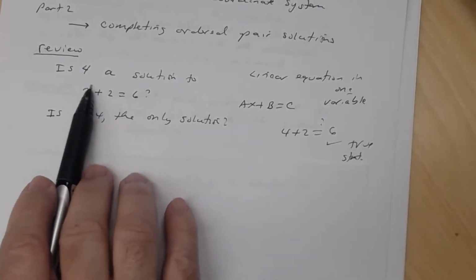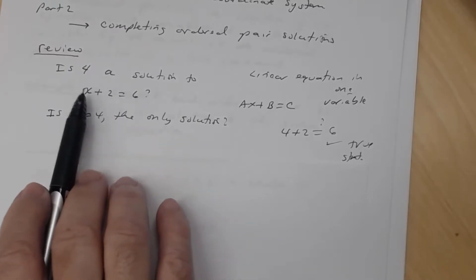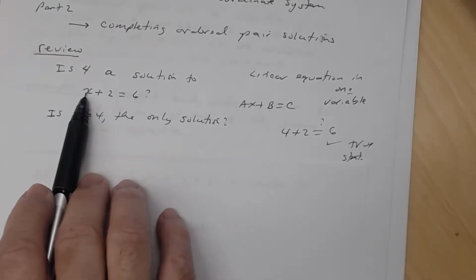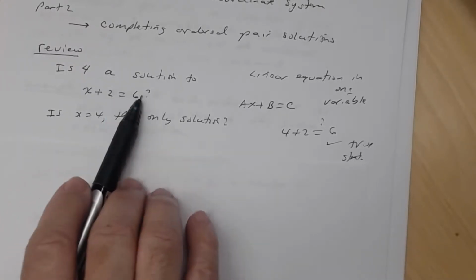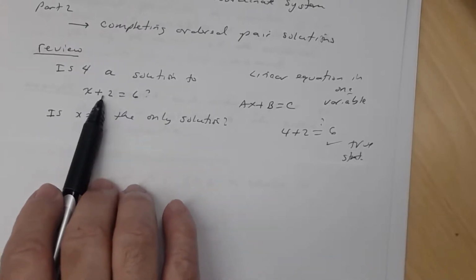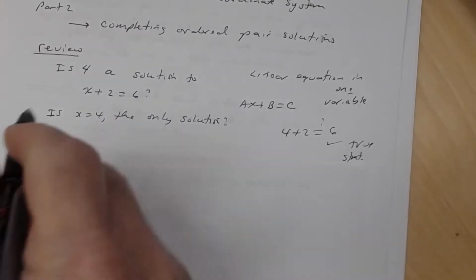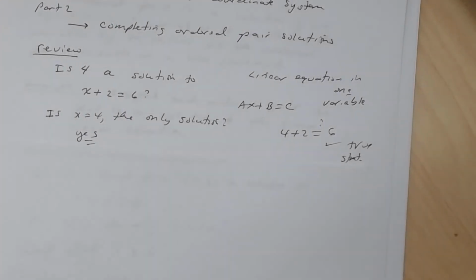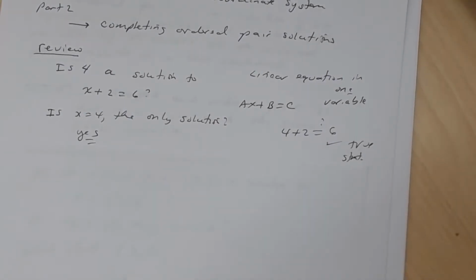The only real number that makes this side equal to 6 is when x is 4. If x equals 5, or negative 3.2, or 7, this side will never equal 6. The left side will not equal the right side. So x equals 4 is the only solution.